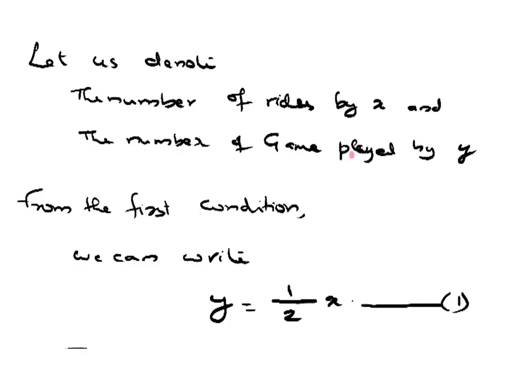What is the first condition given in that? The first condition given in the question is that the number of times she played hoopla is half the number of rides. So we can write it as y is equal to 1 by 2 x. y is the games played and x is the number of rides.